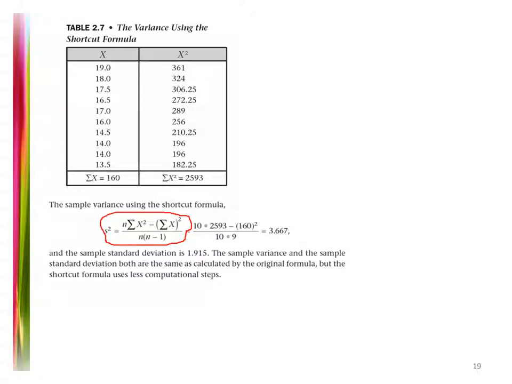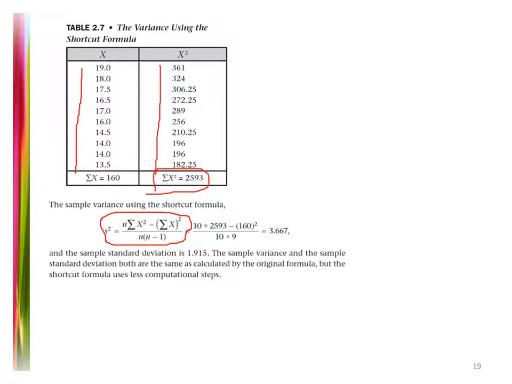For the summation of x, just calculate the sum of all these observations, which is equal to 160. So the summation of x all squared means 160 squared. And for x squared, each observation squared: 19 squared is 361, up to 13.5 squared, 182.25. The sum of this column is the summation of x squared.